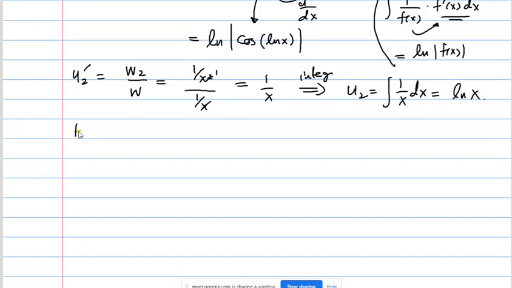So hence my YP is, the question was, find the general solution of the given non-homogeneous equation. So now I can write YP and YC. Therefore my YP becomes U1 Y1 plus U2 Y2.